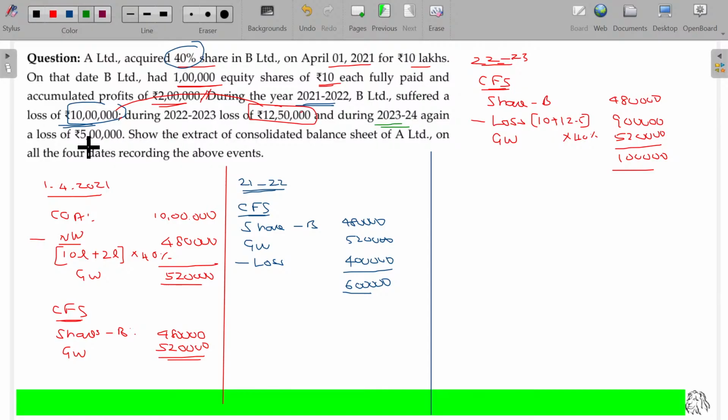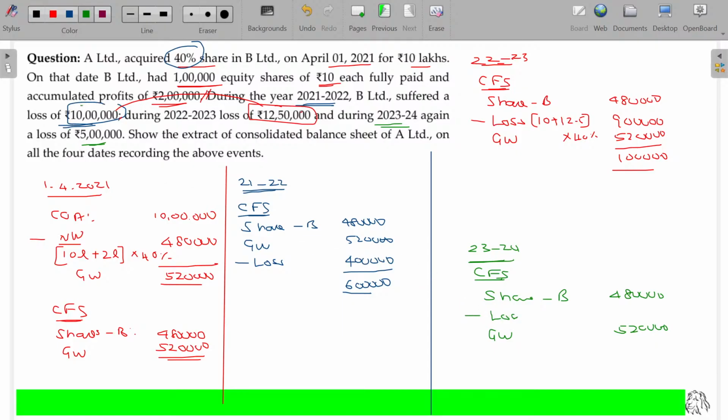During 23-24, again a loss of rupees 5 lakhs. In your CFS, now, share in B being 4 lakhs 80,000 and goodwill being 5 lakhs 20,000 minus loss.